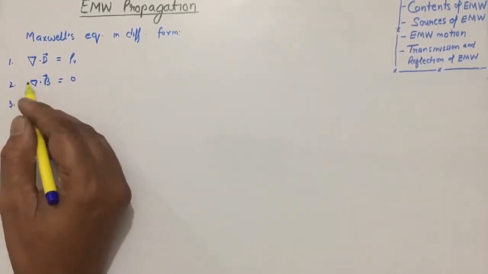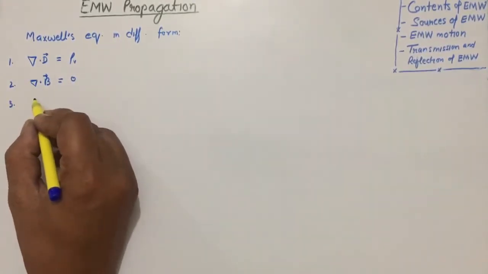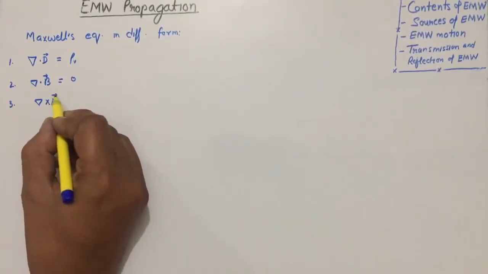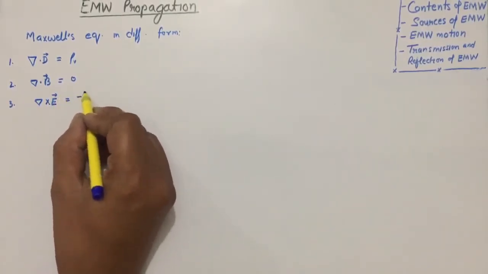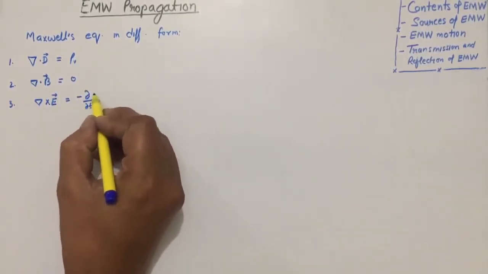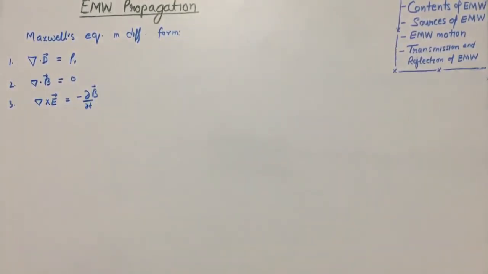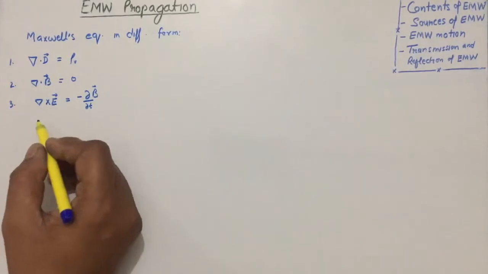The third was related to Faraday's law, that was del cross E is equal to minus del B over del t.